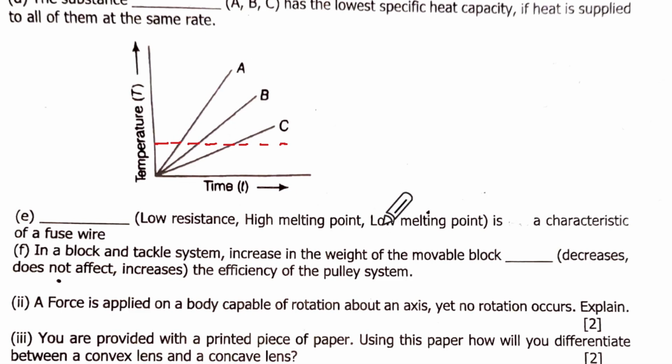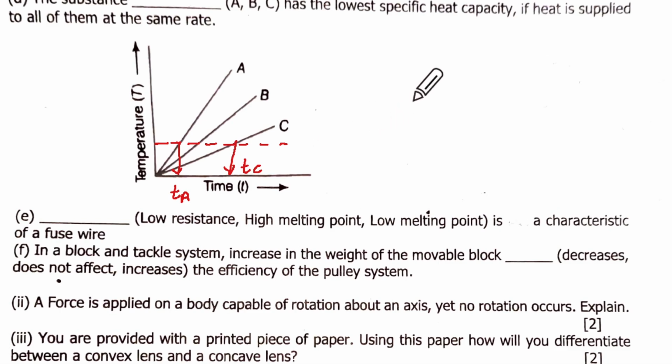Let me show a quick diagram so that you'll be able to understand. So this will be time for C and this will be time for A. Agreeable to you? The heat is supplied at the same rate.